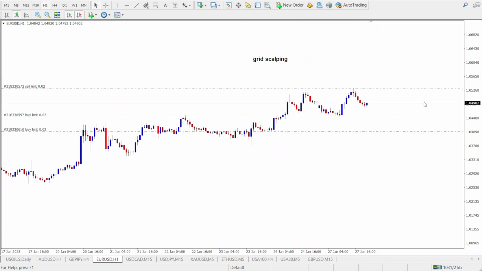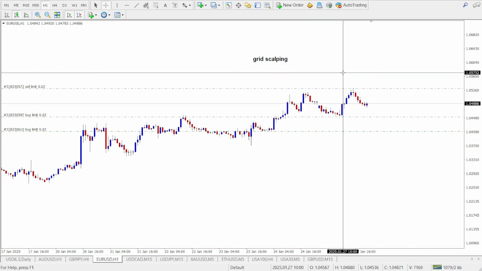And then going up from this level, 1.053, adding 5 is going to be 1.058. So 1.058 is going to be another level of sell limit.